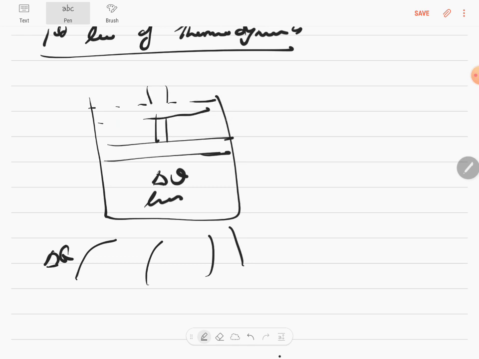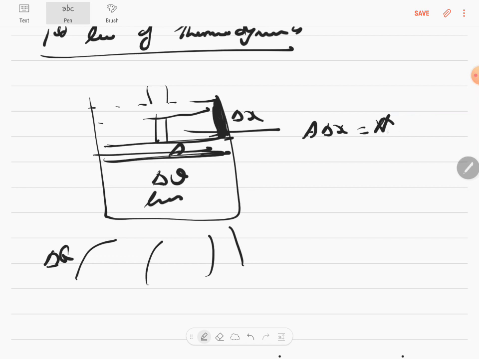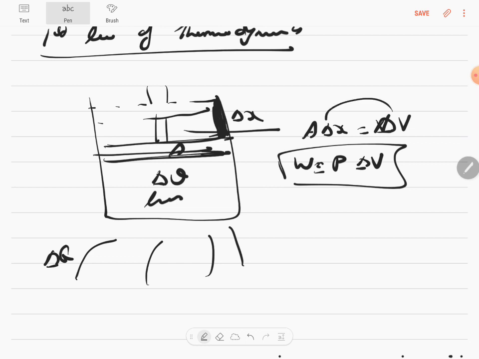This is delta X through which it has risen, this height, and this area of cross section is A, so this change in volume is A into delta X, which is delta V, the volume change. And you know the work done is P into delta V. This is how we get work done as P into delta V. So you understood this.